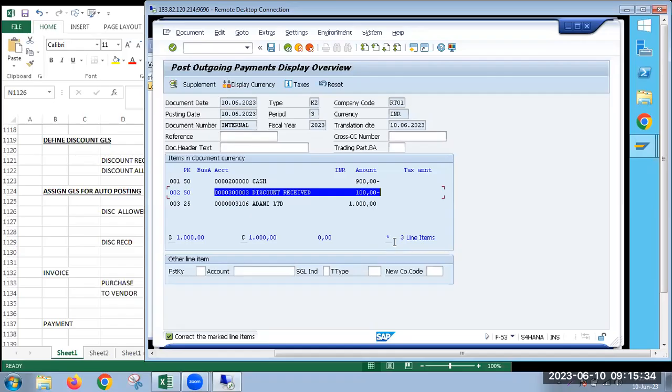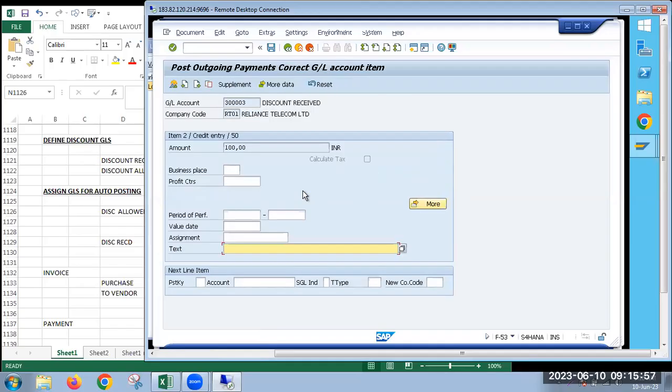On a particular date, what rate is available or which term we are in, the system will identify, calculate the amount and post to the account we specify. Why is this line item in blue? Maybe some error, a mandatory field is missing. If you open, we can see the text is missing. Fine. Go for a discount received.